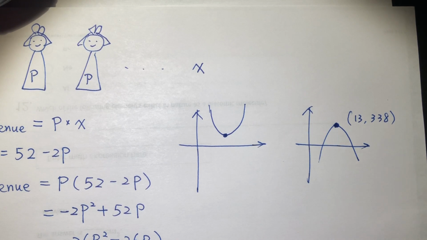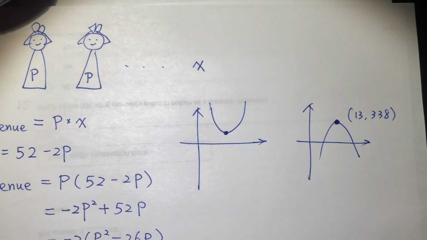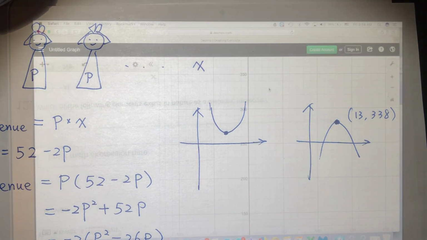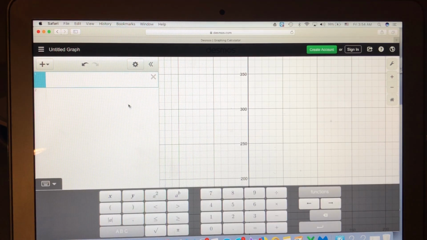Now we go to Desmos to see the graph. Okay, here we are on Desmos, and we put in our function y equals negative 2x squared plus 52x. Ooh, look at it. So this is the function.